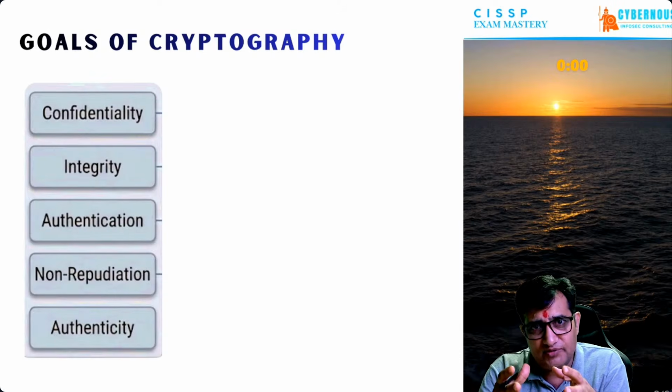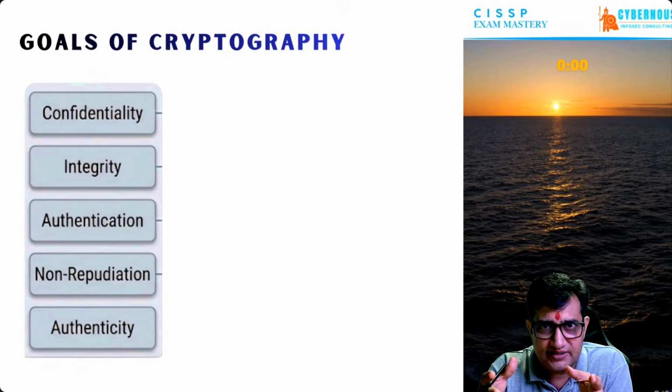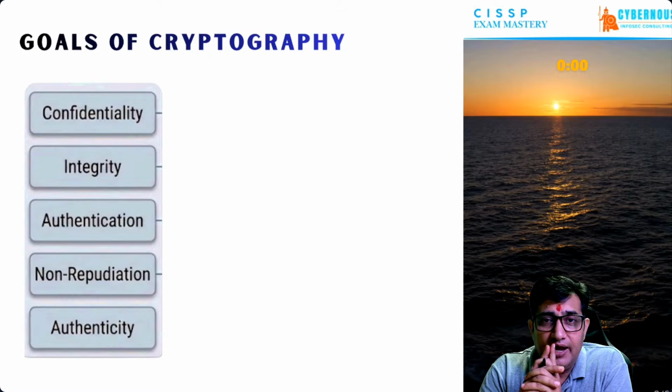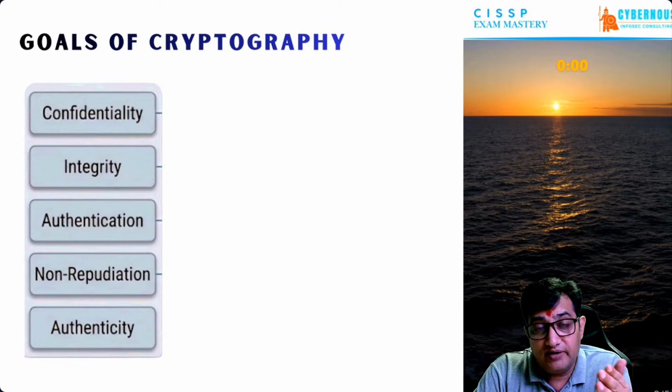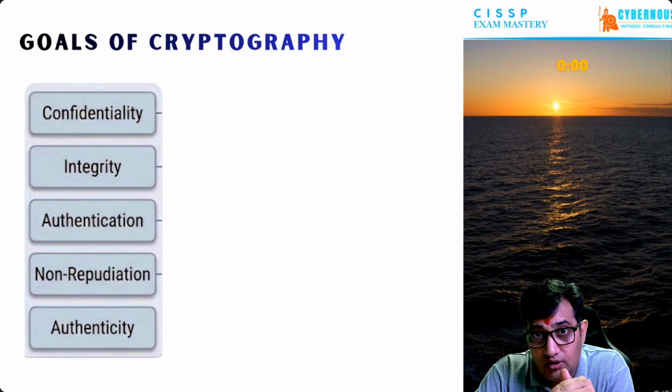They can have the information, but they are going to have a jumbled text which is of no use to them. It is very important to understand what exactly the goal of cryptography is, what you want from this particular service, and which particular cryptography mechanism is used for what purpose.